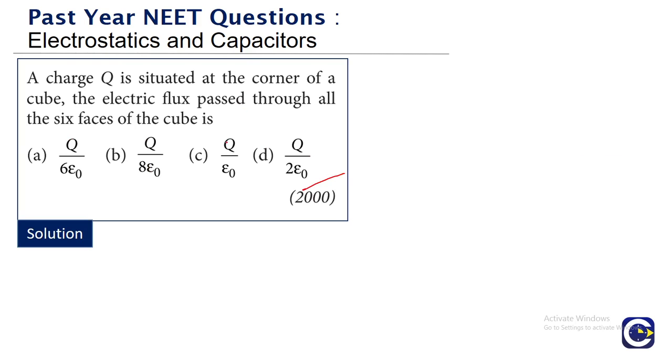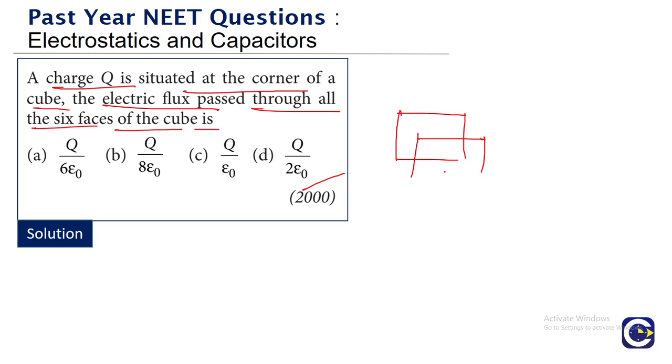So while we are discussing it, the next question itself is again on the flux linked to the cube. A charge Q is situated at the corner of a cube. So where is the charge situated? It is situated at the corner of the cube. The electric flux passes through all the 6 phases of the cube. Means they are essentially asking, you have a cube where the charge is placed at the corner.